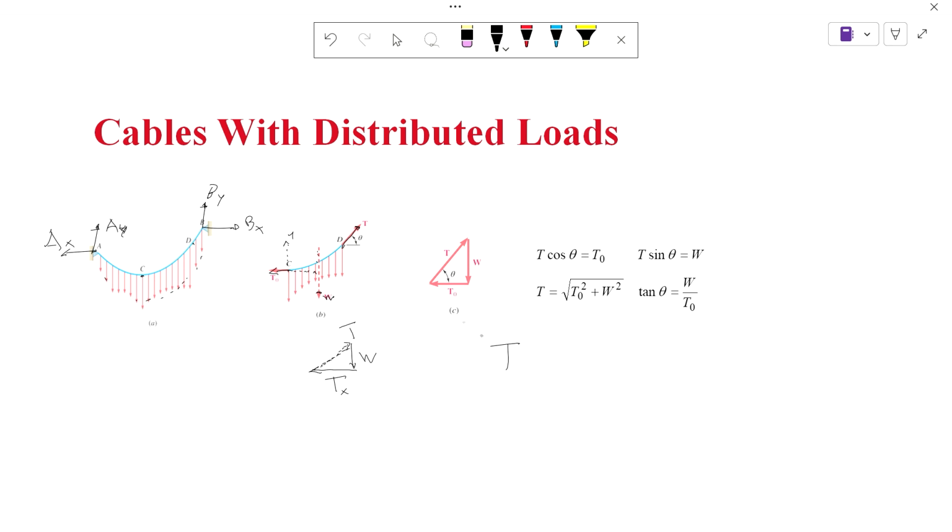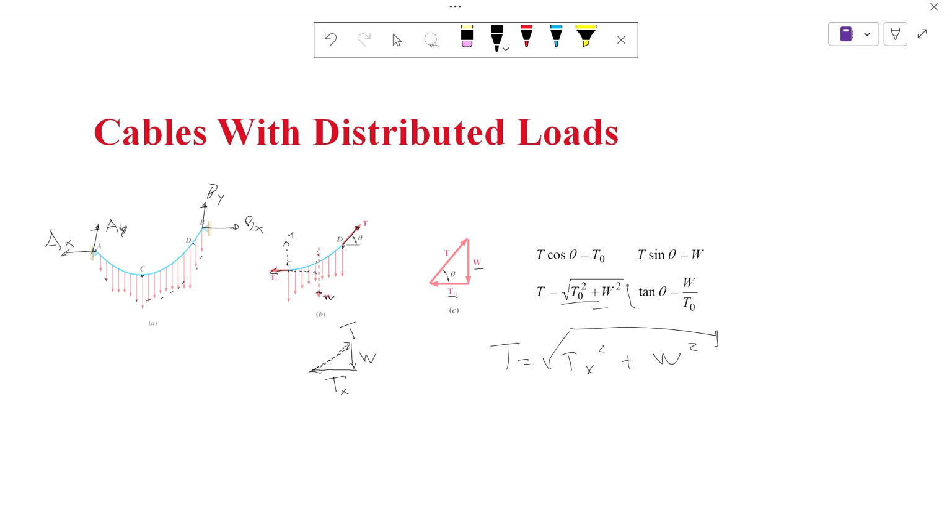So the tension in the cable is equal to the square root of your Tx squared plus the distributed load W squared, which is right here. Again, you can do the angle, which is tangent inverse of W over Tx. And to find the force itself, you can use cosine or sine of that angle.